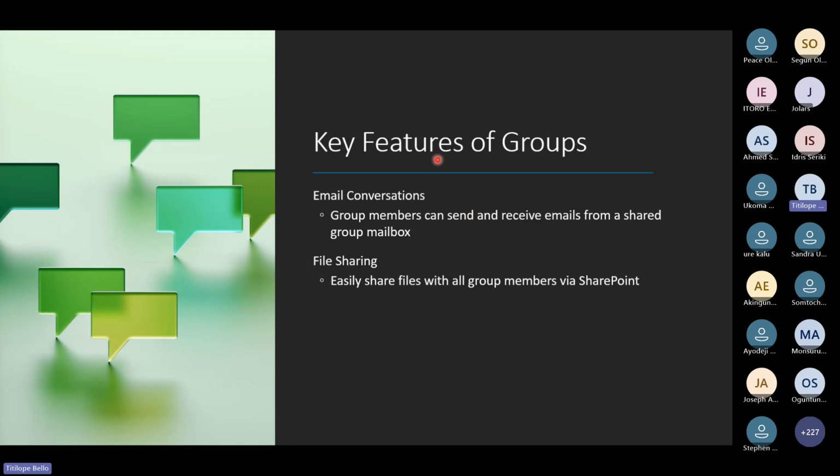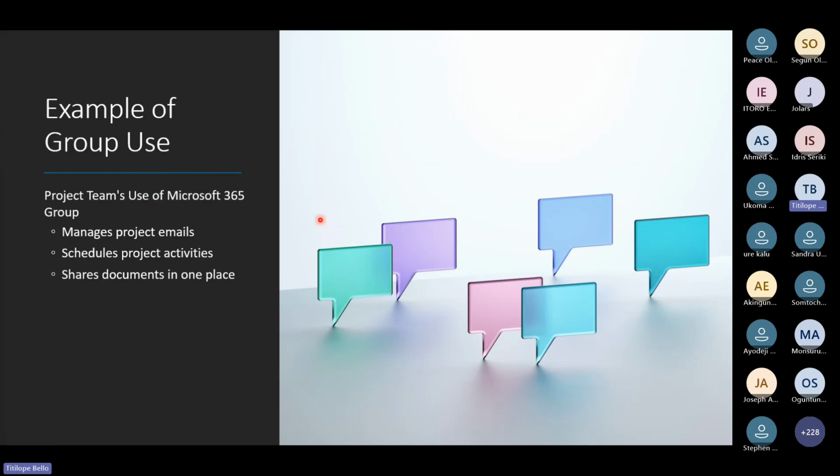The other benefit common to the Microsoft 365 group is for the team to share files easily with all group members via SharePoint Online. Right? So I'm going to continue.